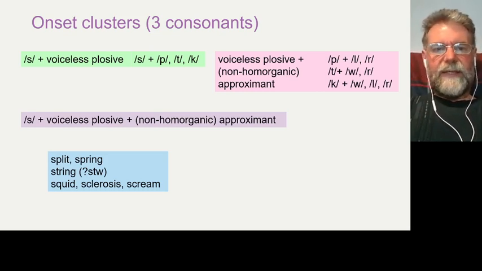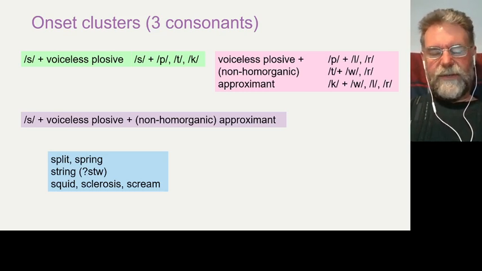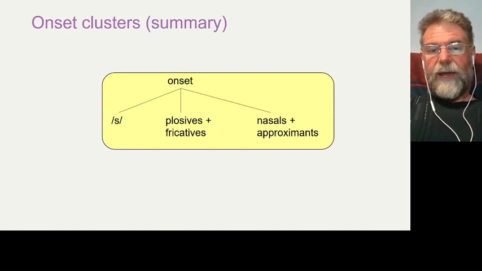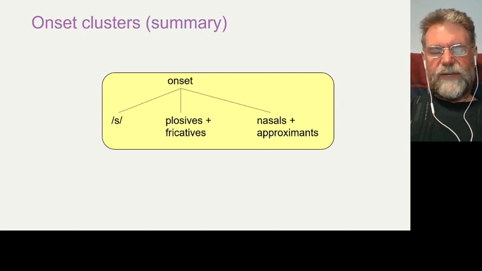Okay, so it seems as though there is a fairly straightforward combination there, depending on what you are allowed to combine in twos. Then you can also put them together in threes. So to summarize what we've just said, the onset seems to have three basic positions. That first position can only be occupied by the s sound.